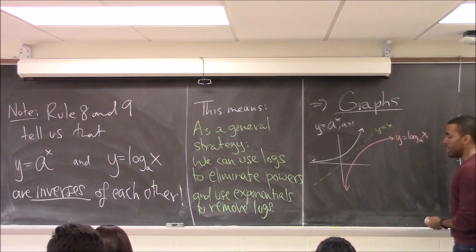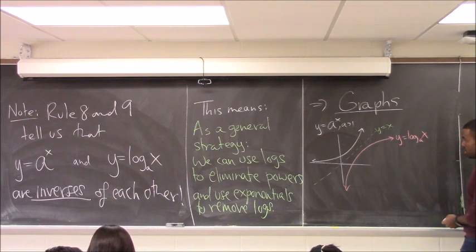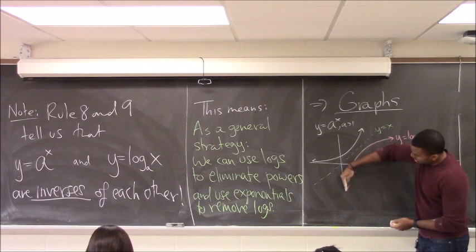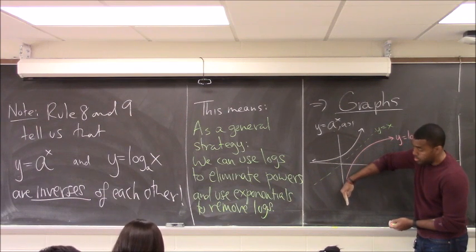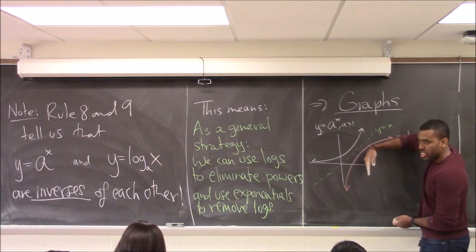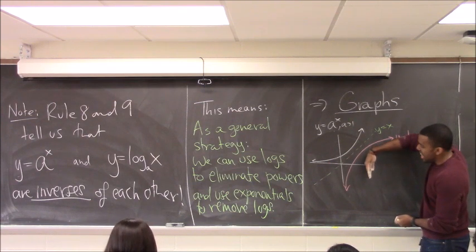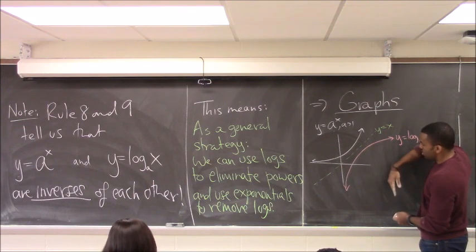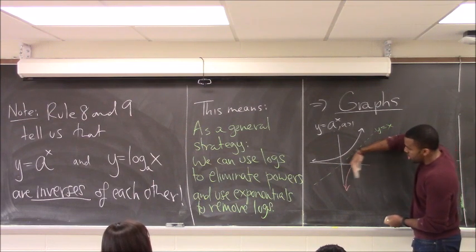Now the graph tells us something that we already figured out earlier. Notice that it never hits x equals 0. It gets closer and closer to x equals 0, but never makes it there. It also never ventures over to the negative side, because it's literally impossible for you to take a power and create a negative number when it wasn't there before. It's also impossible for you to take a positive number and with a power make it 0.